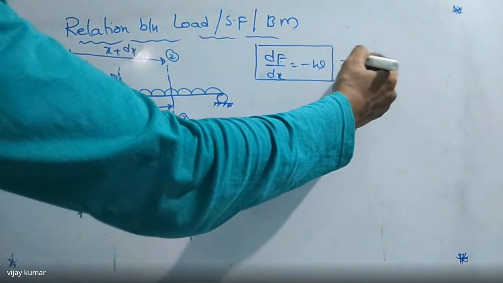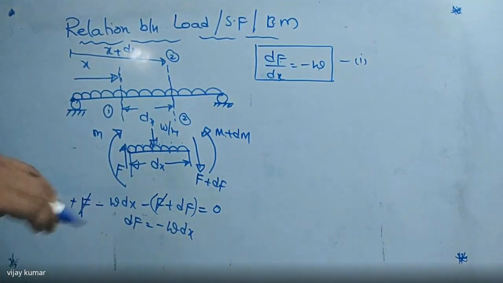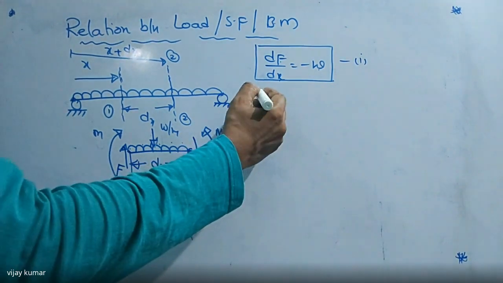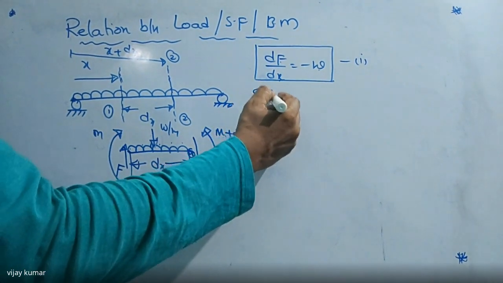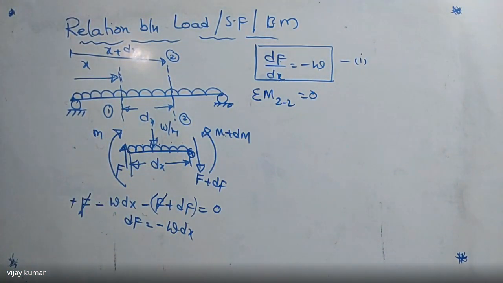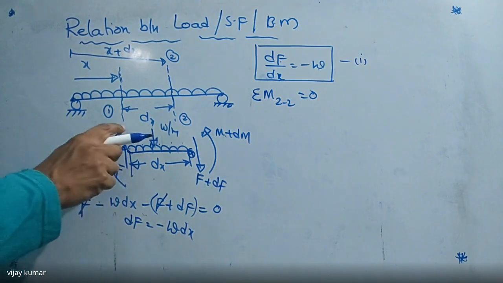That is one relation. And the second one, I'm going to equate the moments here. The sum of the moments at this point, section 2, I'm writing here, the sum of the moments at section 2 must be equal to how much? 0. Then what is this moment here? This moment is clockwise.